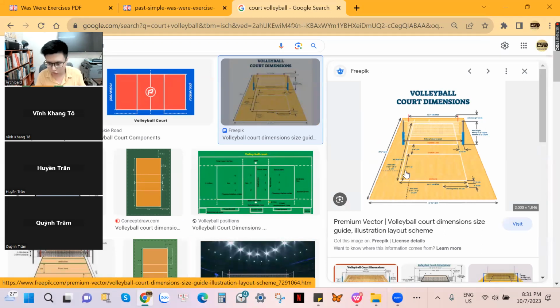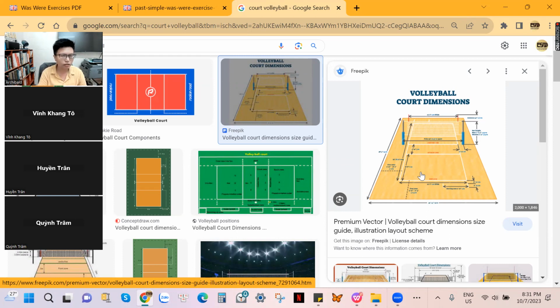The boundaries mean this is the only area where the player can move. The player cannot move outside this rectangle. It is in a rectangular shape. So when the player moves, he only moves within the rectangular shape. He cannot move out of the rectangle.